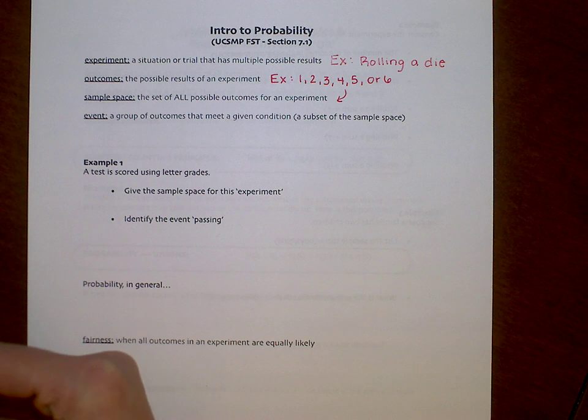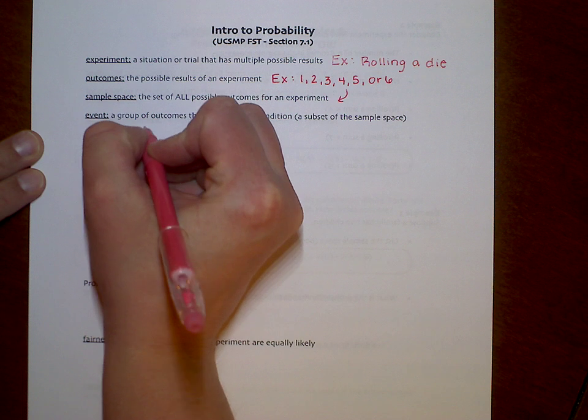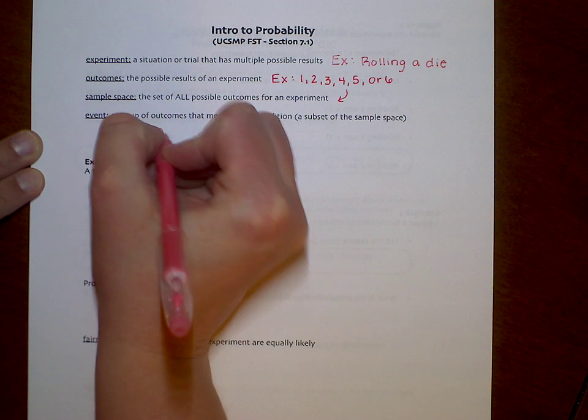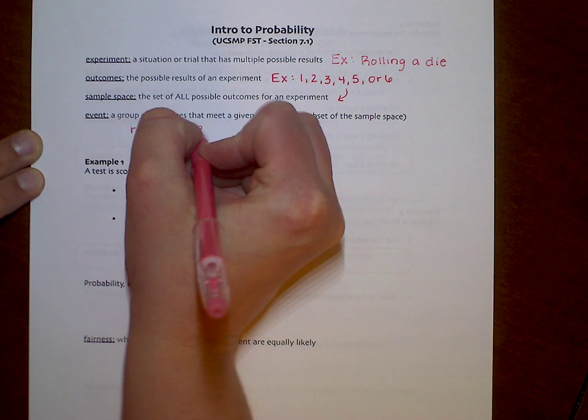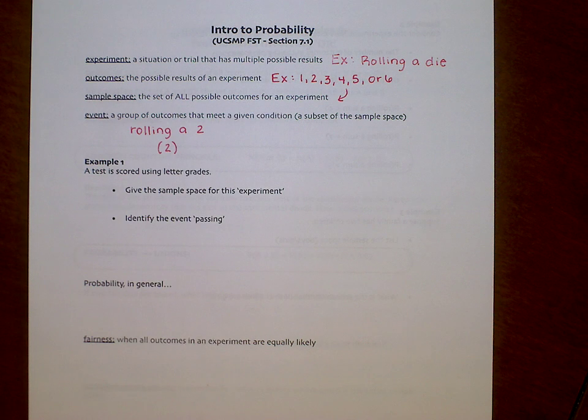And then the event is an outcome or a group of outcomes that meet a certain condition that we're looking for. And that's where probability is going to kind of play in. So for example, I could have an event of rolling a 4. And there's only one possible outcome in that event, right? Would be rolling a 4.